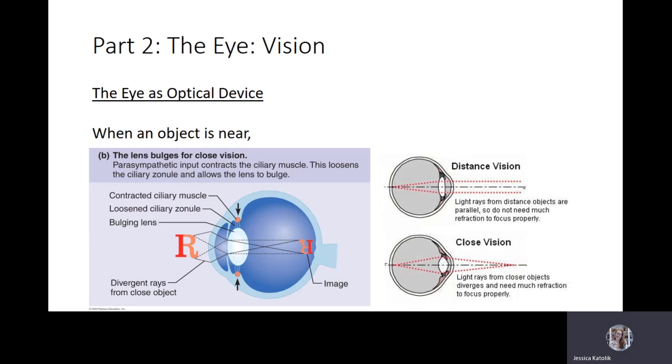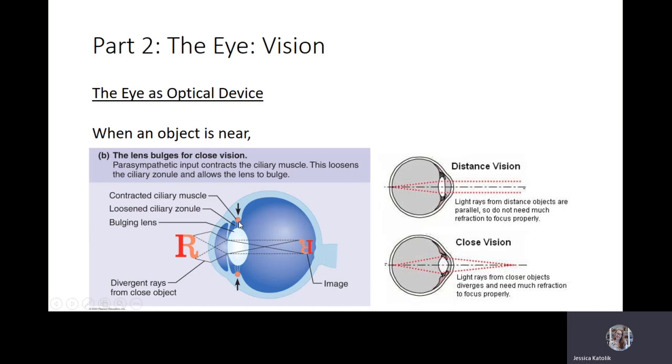So how does the eye accommodate this? What will happen is the ciliary muscles will actually experience parasympathetic input. And they will contract as a result, and they'll kind of get closer to each other, kind of act like a sphincter and decrease their size.